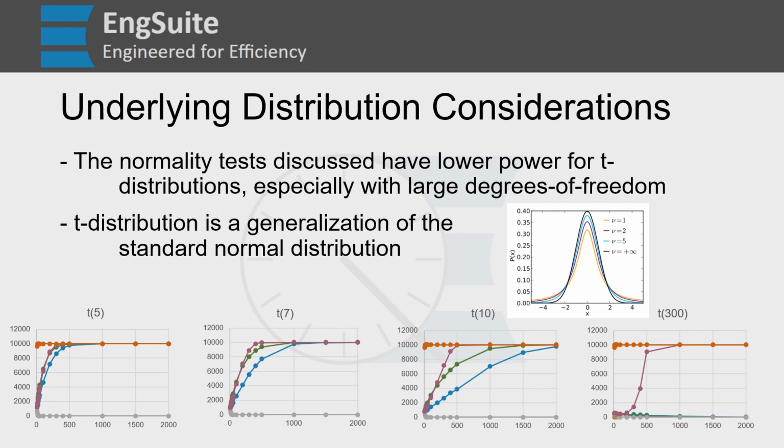So, as I was mentioning, the distribution has a huge impact, especially when it comes to the symmetry. But when we look at the t-distribution, which is a generalization of the standard normal distribution, we can see that the degrees of freedom actually have an impact. So just because we have a symmetric distribution doesn't mean that our tests are always going to accept.